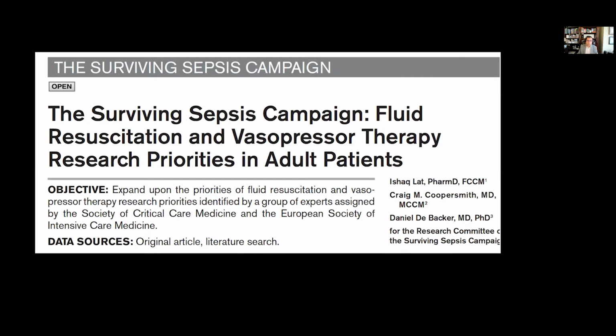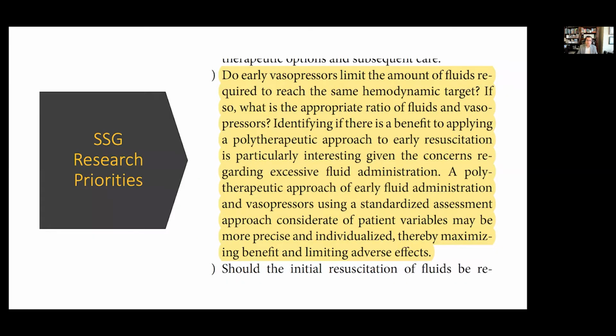So still insufficient evidence to make broad-based guidelines based on restrictive versus liberal fluid strategies, or vasopressors first or fluids first. In fact, when they talked about research priorities in adult patients, the Surviving Sepsis Guidelines Committee convened a group to author this paper, and they did talk about this being a research priority. Namely, do early vasopressors limit the amount of fluid?